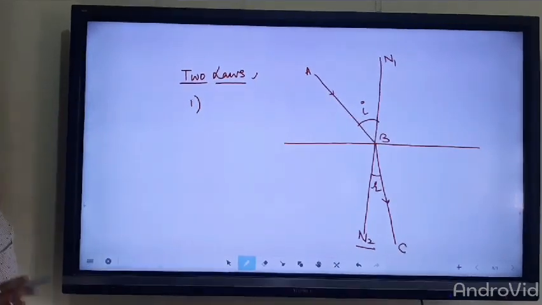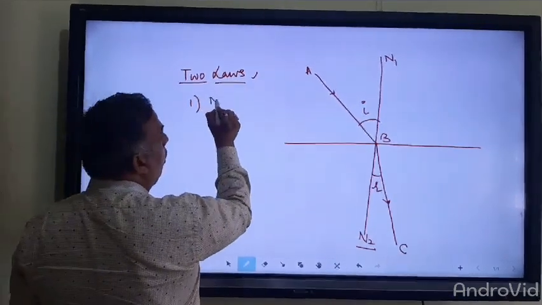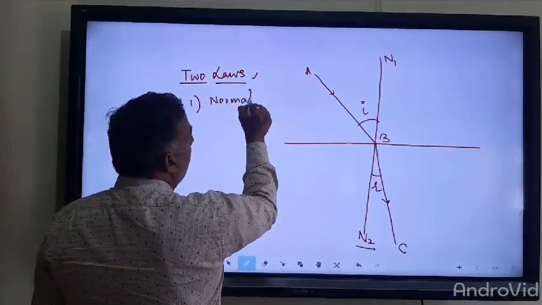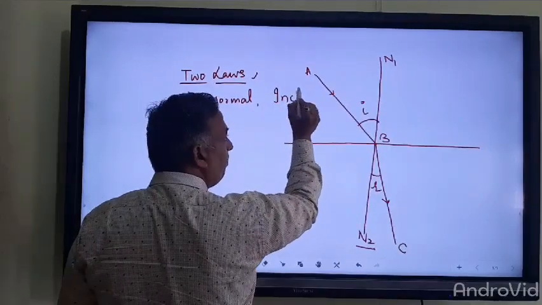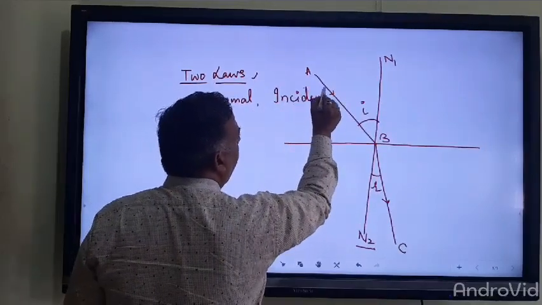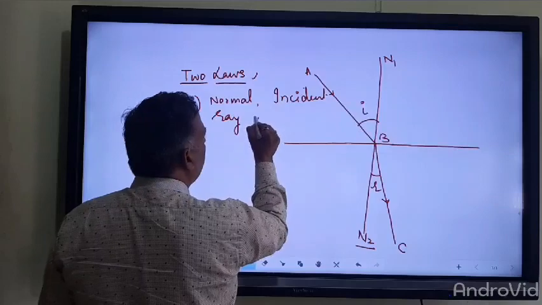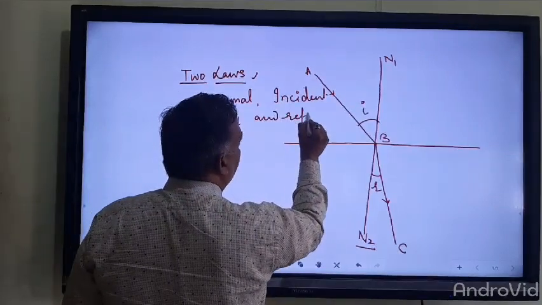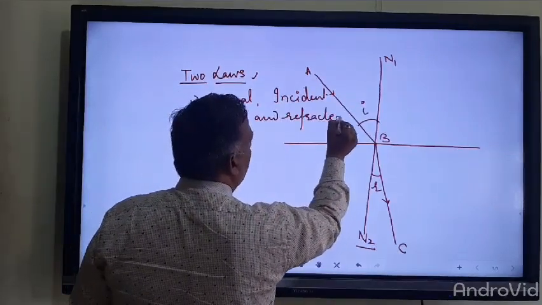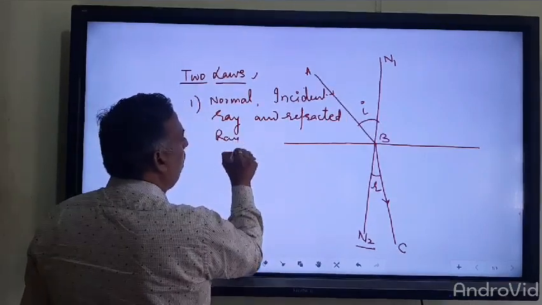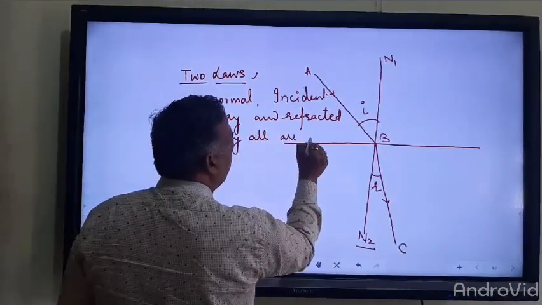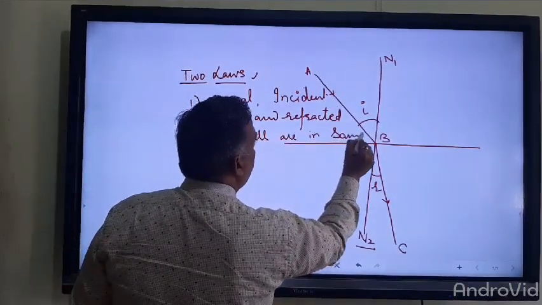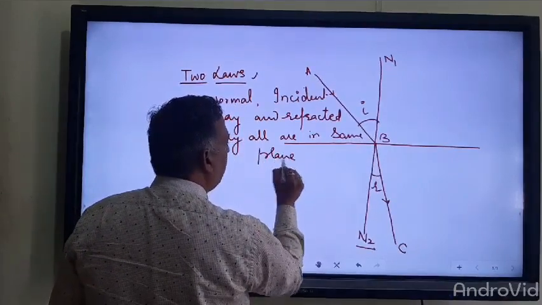If you see, in this case, the normal, incident ray and refracted ray are all in the same plane.